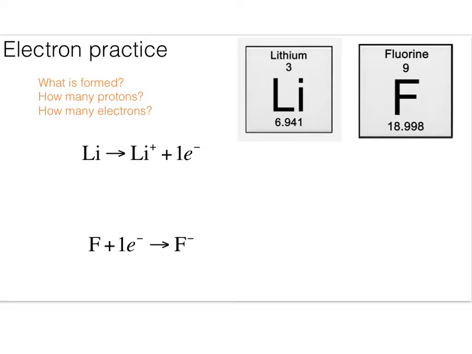Okay, so let's practice this idea about gaining and losing electrons. Here's a chemical reaction: lithium going to lithium plus and one electron. The question might be what is formed, how many protons, how many electrons. Let's start off with just lithium, the parent compound.